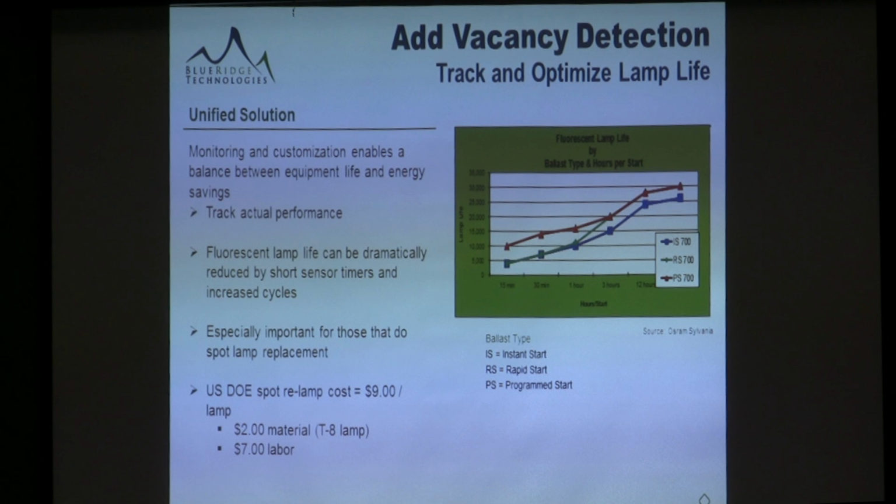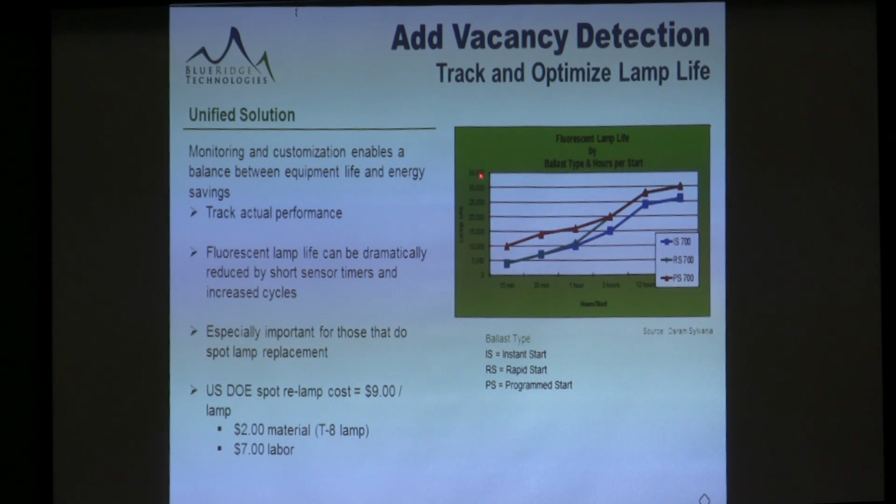Well, no wonder, because the rating on that lamp life is basically at or around 12 hours of continuous operation. So that 20 to 30,000 hour rating on that lamp is there because you run it for 12 hours constantly. If you start to reduce the hours per start, so this is 3 hours, this is 1 hour, this is 30 minutes, this is 15 minutes.